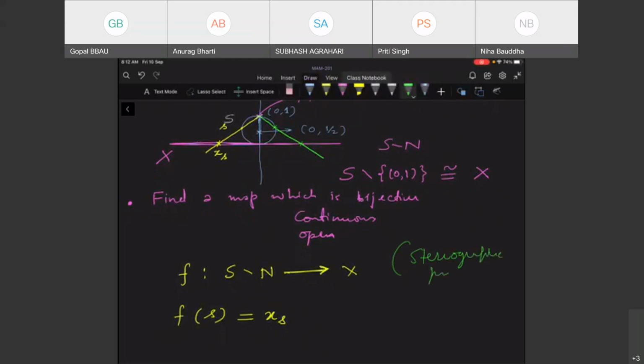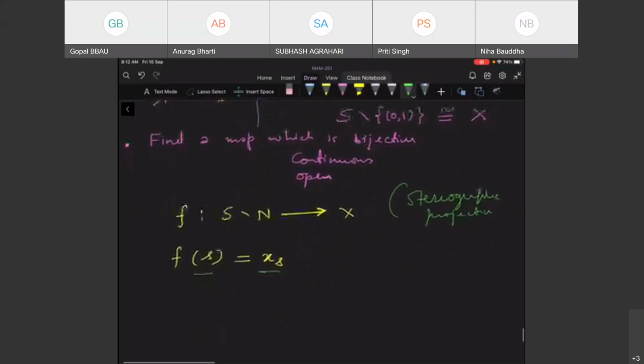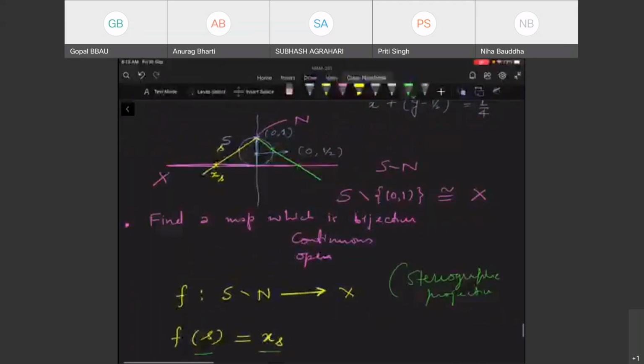This map is called stereographic projection. If you want to write this explicitly, s is a point of this form (x, y), where x square plus (y minus half) square equals (1/2) square, which it satisfies because it is on the circle.